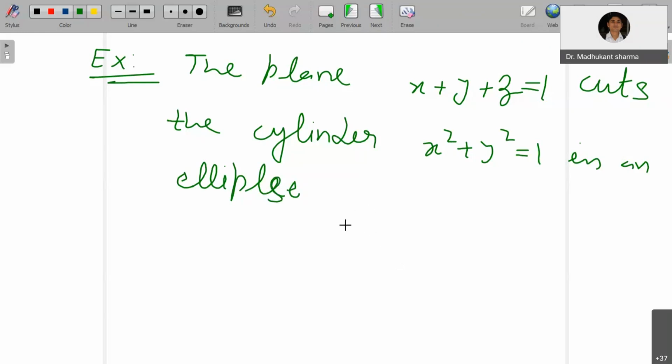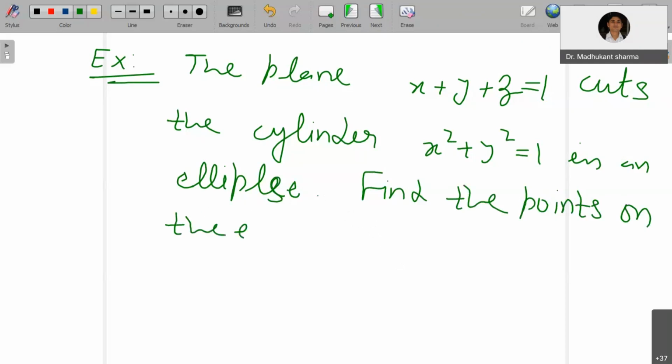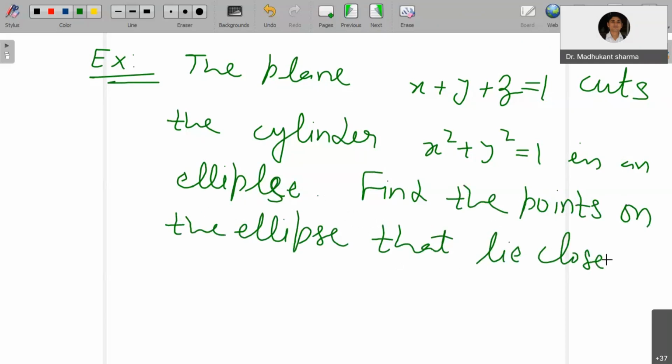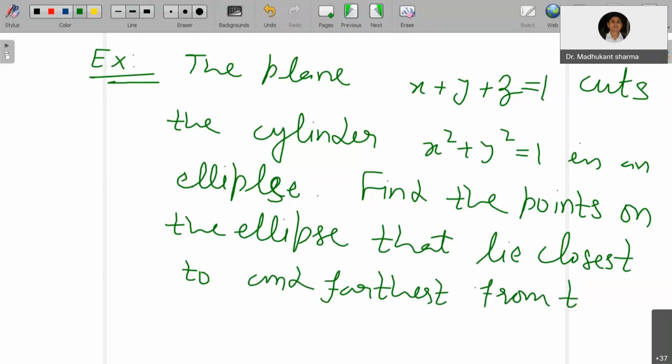Find the points on the ellipse that lie closest to and farthest from the origin.